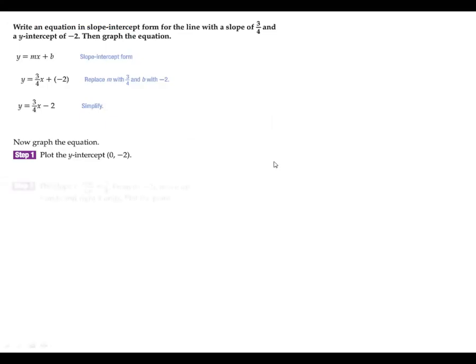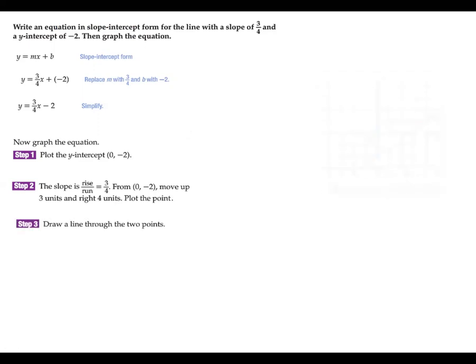Then once you do that, you use the slope as directions from the y-intercept to the next point. Remember, slope is rise over run. Since it's already a fraction, 3/4, you start at the y-intercept and rise 3 points, then run forward 4 points and plot another point. Once you get those 2 points, you can draw the line.